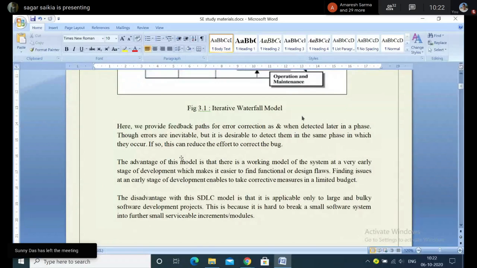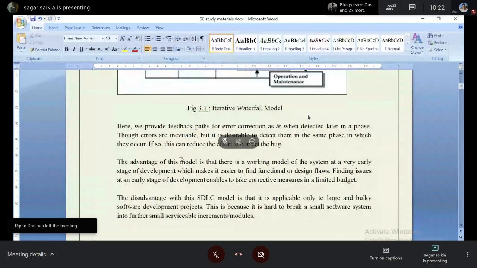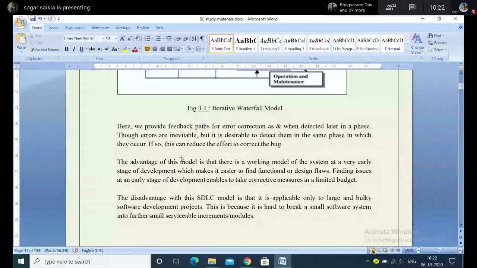Also, since it is an iterative process, we keep on rechecking every now and then, so we can take corrective measures on various limitations such as economic constraints, efforts, and time taken. So we become very clear. This part is given much more focus in this model.